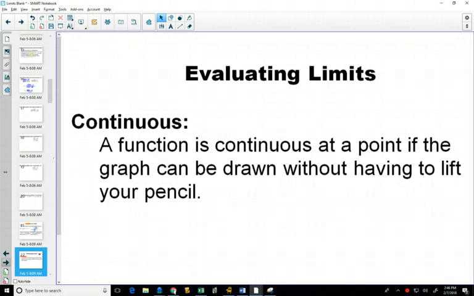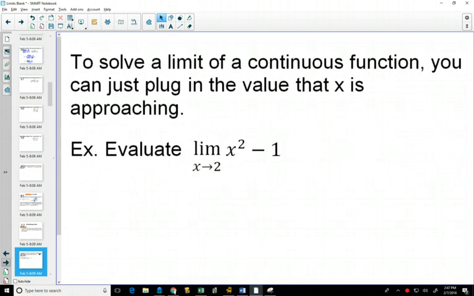If you have to lift your pencil and start again on the other side, like if it has a hole in it, then it would be not continuous. Or if there's an asymptote, you have to lift your pencil and draw something on the other side, that would be an example of something that's discontinuous. But anytime we have a continuous graph, you can find any limit at any value on that graph. And that's just simply plugging it in.